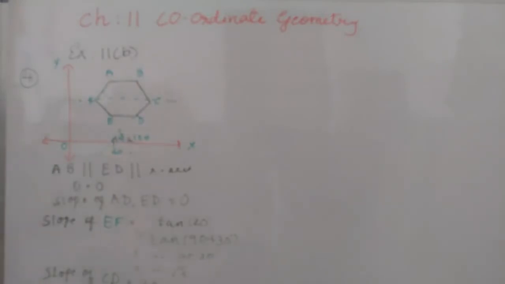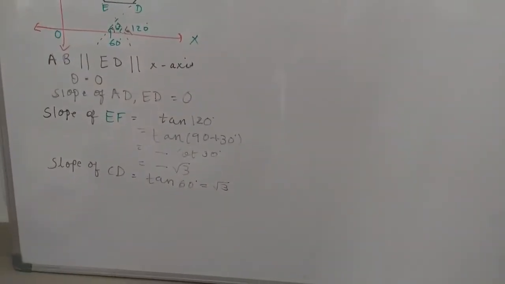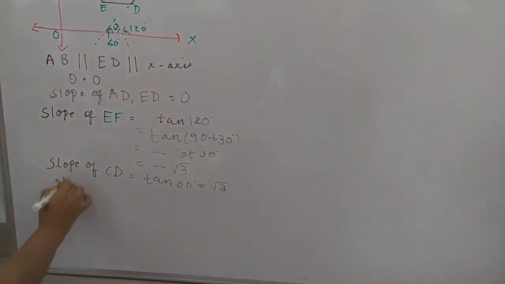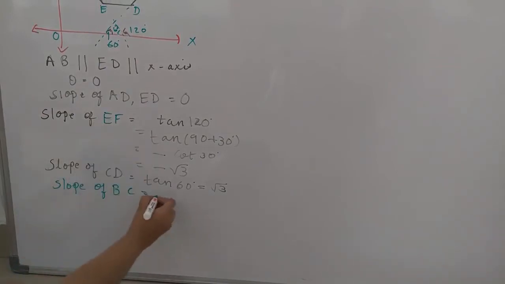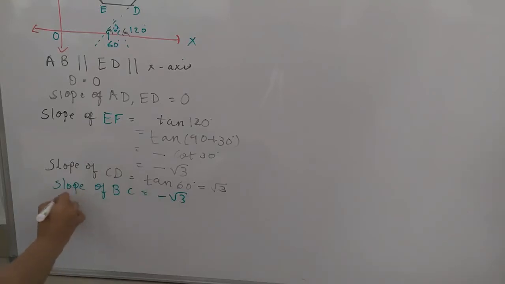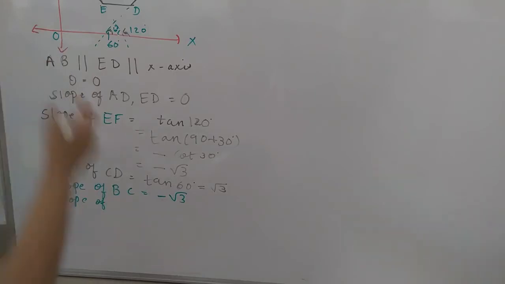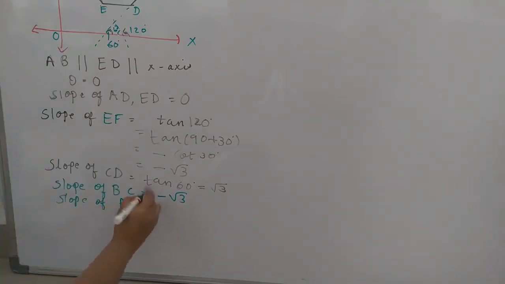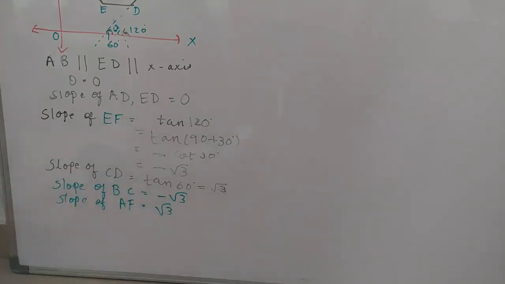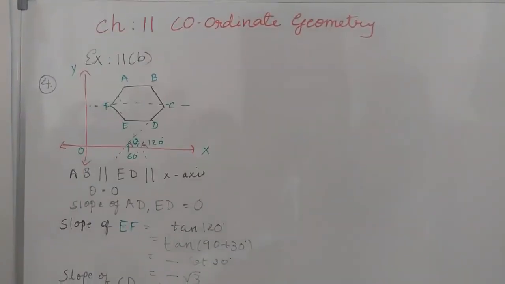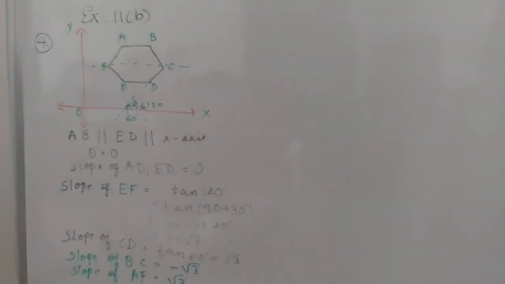So directly I can write here slope of BC equals same as EF, minus root 3, and slope of AF is same as CD, that is root 3. So we have written here all 6 side slopes, that is AB and ED, EF and CD, and BC and AF. So students, likewise we have solved question number 4 here.